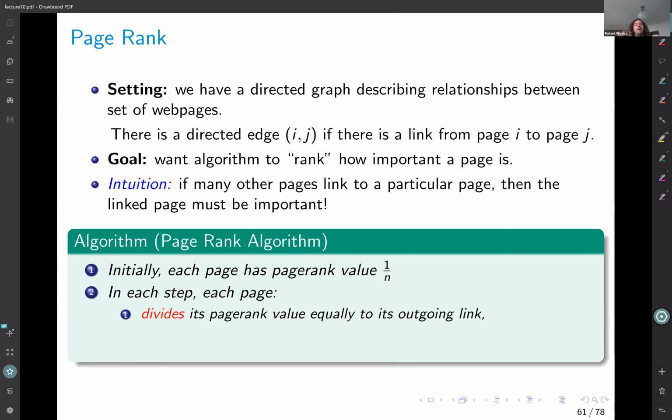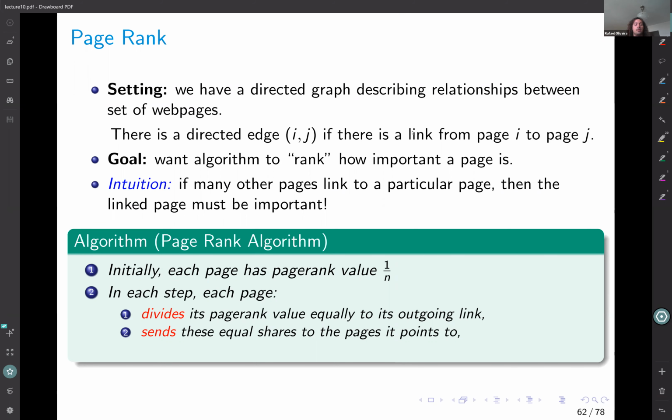So let's say if my value was 1 over n and I link to 2 other pages, I'm going to divide my value, so I'm going to have 1 over 2n, and I'm going to send 1 over 2n of value to each of my links. I'm saying, here's my money, I'm giving you a little bit of my money. It's literally like they put your money where your mouth is. And then we send these equal shares to the pages that I point to.